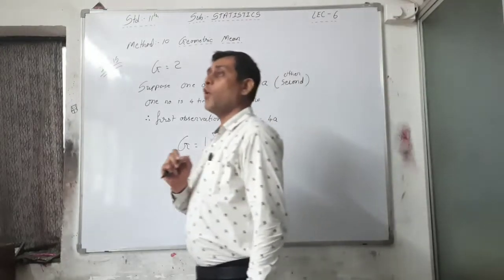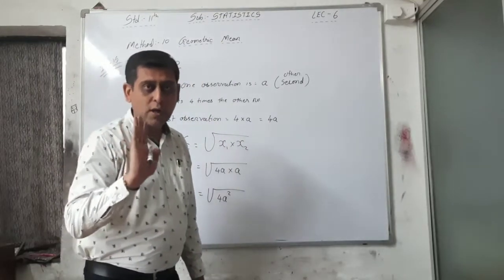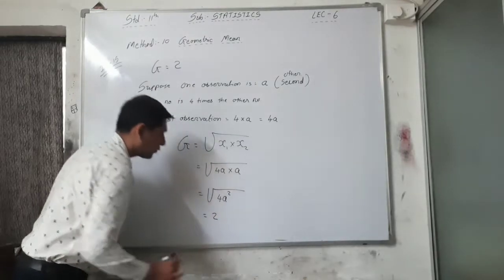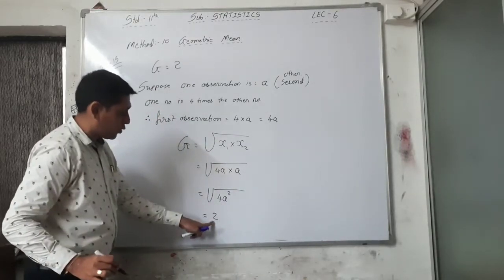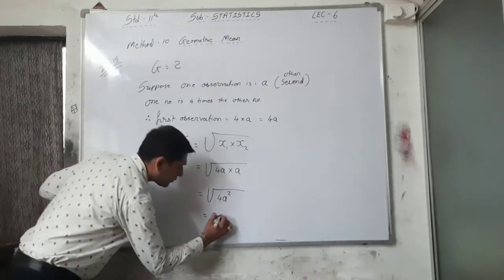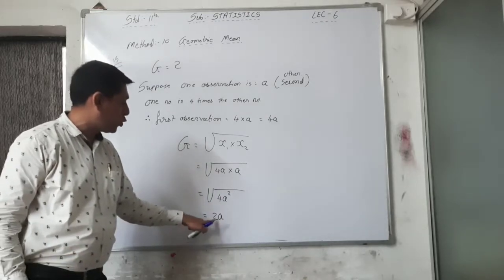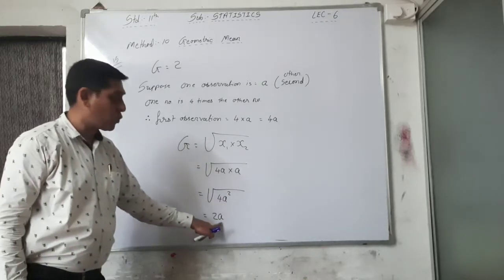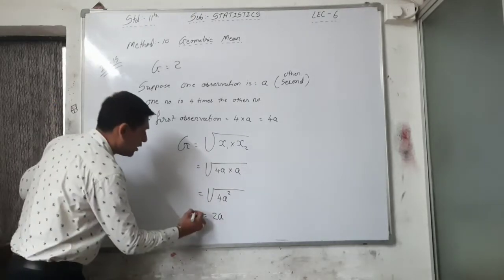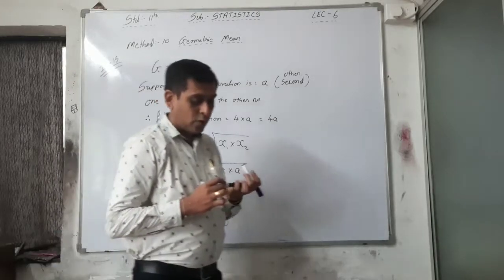First of all, what is the square root of 4? You all know that the square root of 4 is 2, right? So here I am writing 2 for the square root of 4. Now the square root of A square is A. So your answer is that the geometric mean is 2A, right?